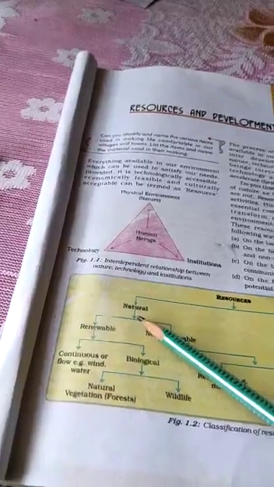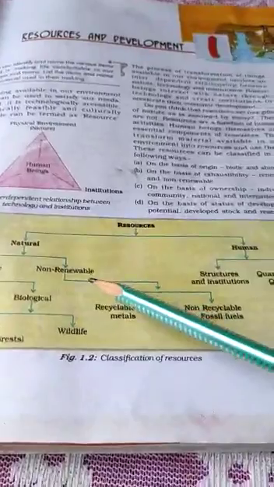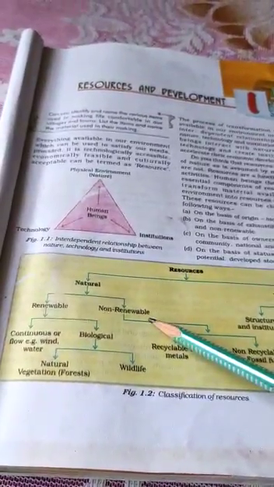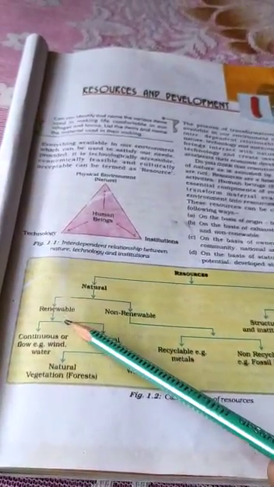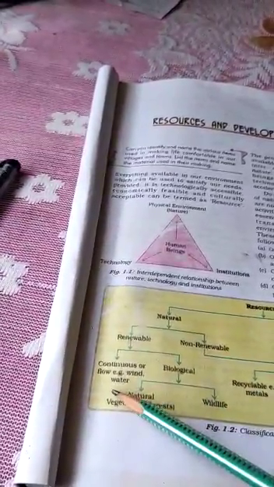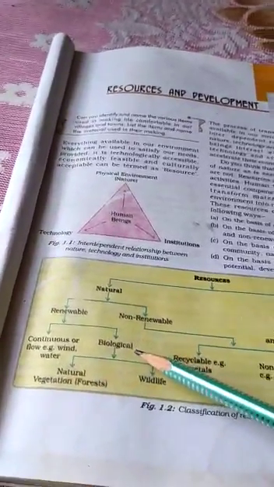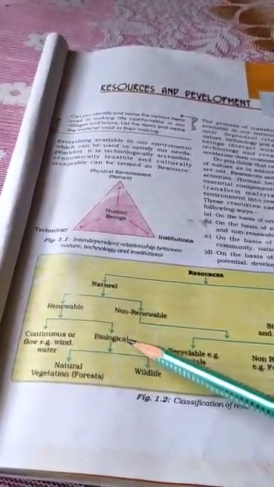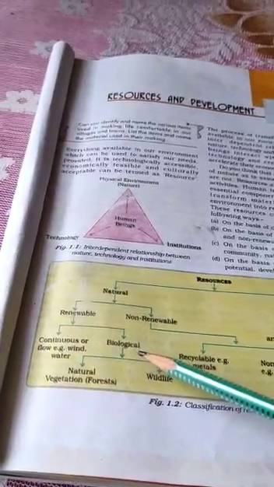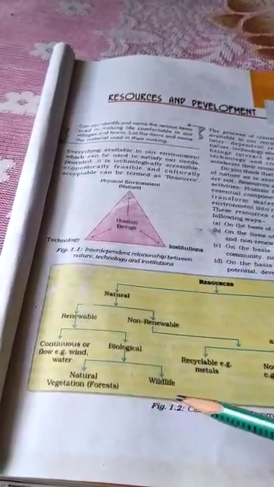The natural resources can be further divided into renewable and non-renewable resources. The renewable resources can further be divided into continuous or flow, for example wind and water. Secondly, biological, and this biological resource can again be divided into two parts, that is natural vegetation and wildlife.